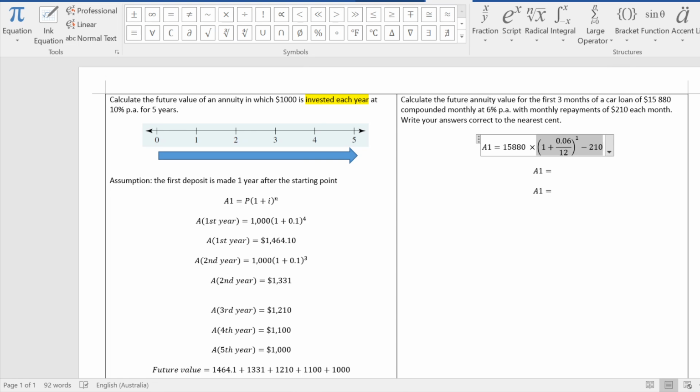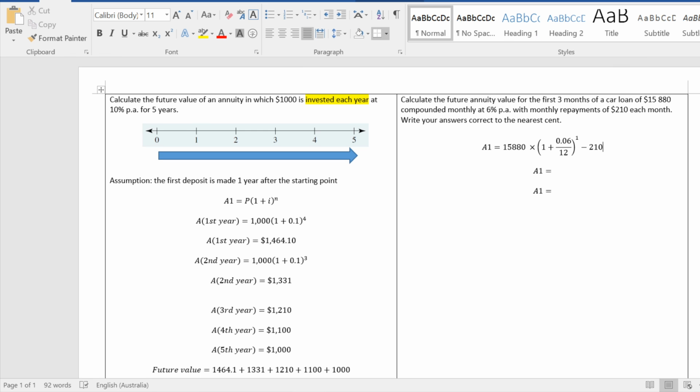Okay. I'm calling it the amount after 1 month. Okay, then obviously 2 months, 3 months is going to be $15,749.40. Notice how that's lower, okay, than our starting amount, okay? But obviously not $210 lower.